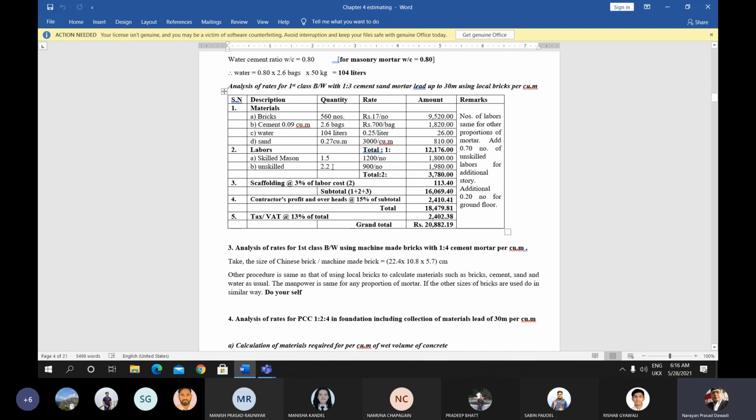Now for the first floor story, the skilled manpower is the same, and the unskilled labor will be 2.2 plus 0.7. For the second story, the unskilled manpower will be 2.2 plus 2 into 0.7.